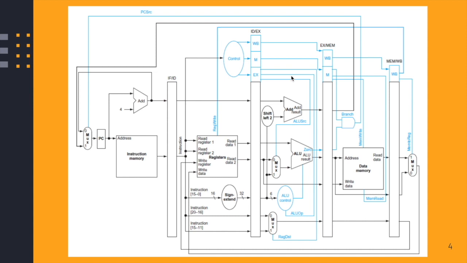I will no longer store these three control signals to the next pipeline register because I already used them, so I do not need them anymore, and I will only pass the control signals that will be needed for the memory stage and the writeback stage to the next pipeline register, which is the EX/mem pipeline register. As you can see here, what are the control signals needed in the memory access stage?